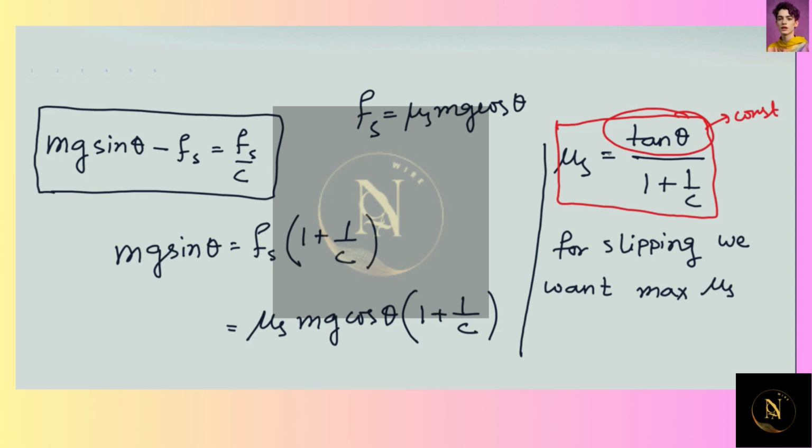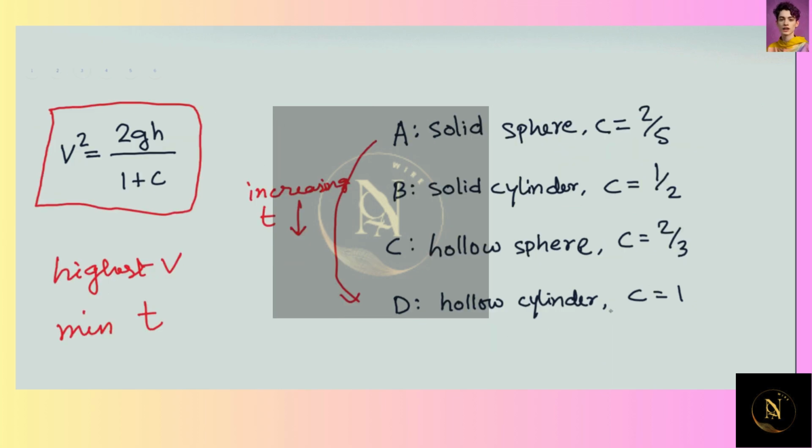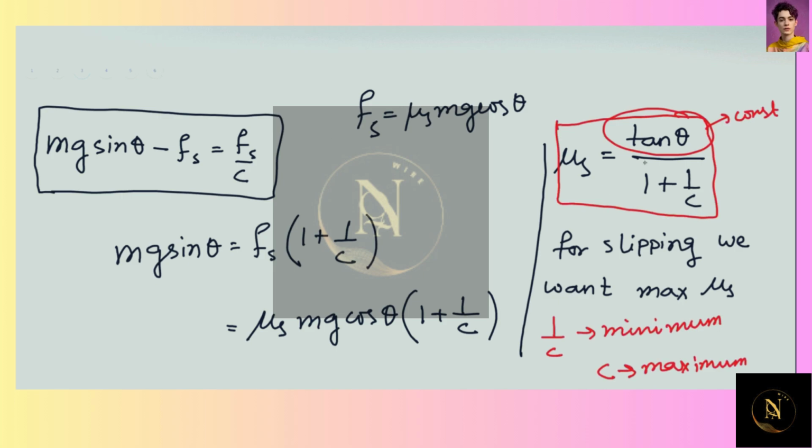To take the maximum, this term must be minimum, so 1 over c must be minimum, since 1 is constant. In other words, c must be maximum. And we know that for a hollow sphere, or sorry, for a hollow cylinder, c is 1, which is maximum.